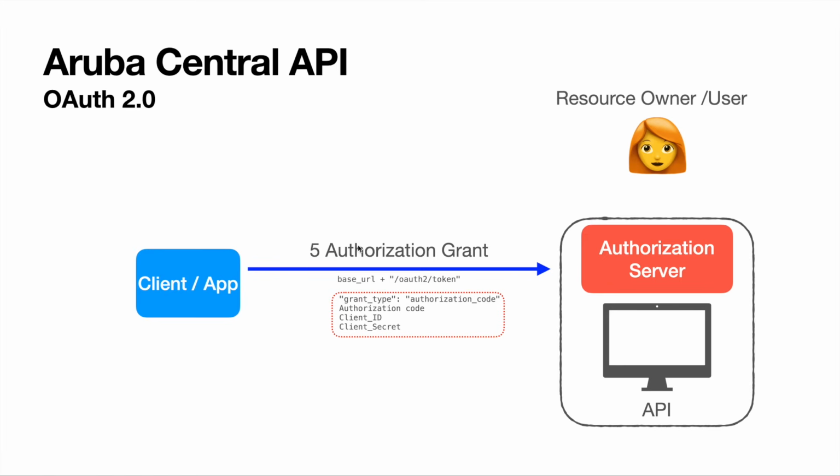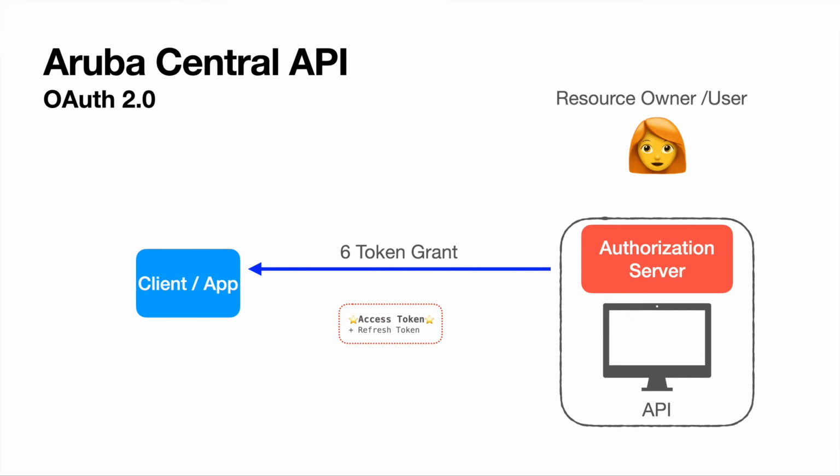Then the application includes that authorization code in its next call, which is the authorization grant. So we're sending to a different URL again with the suffix OAuth 2 token. This time we have a grant type of authorization code, because that's what we've got. We're telling the server we've got an authorization code. Here's our authorization code, and here are the details about the specific application, so the client ID and the client secret are included in the API call. And then finally, we have the token grant.